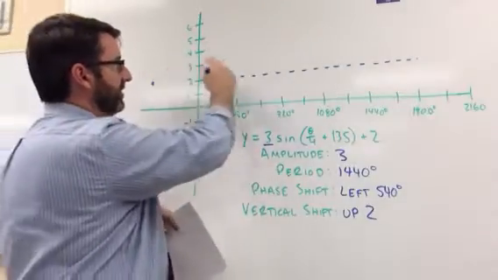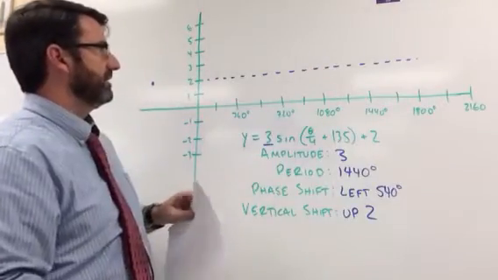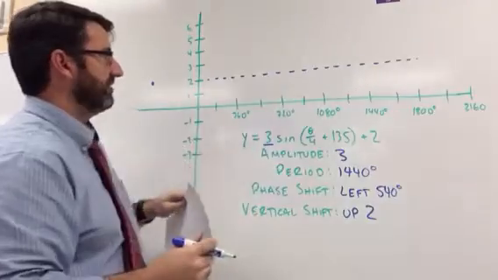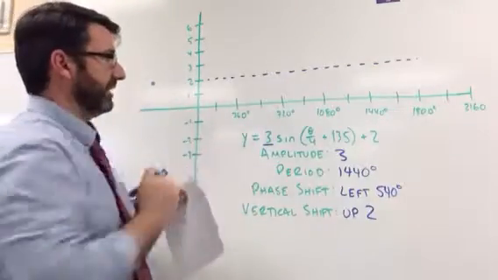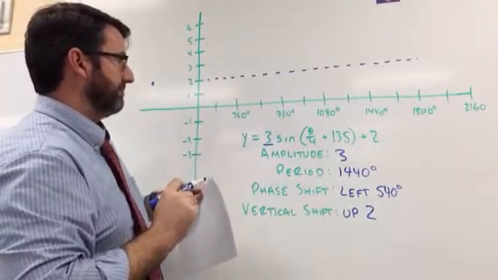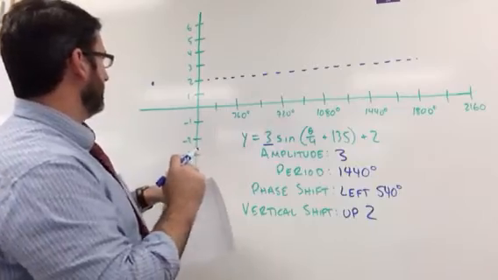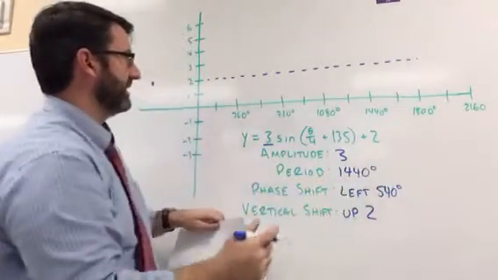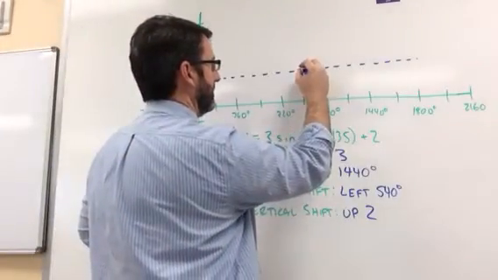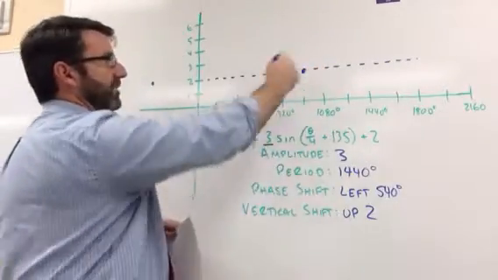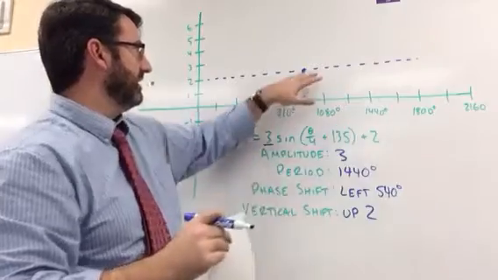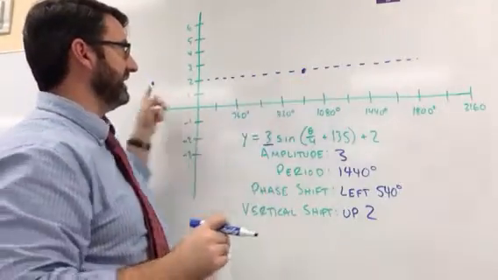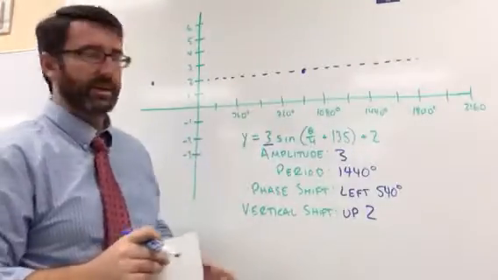And then one full cycle from there, one period from -540 degrees, is going to be, let's see, -540 plus 1440, which is 900. So we know that we're going to get through one full cycle by 900 degrees. And then halfway in between these, we're going to cross the midline again.